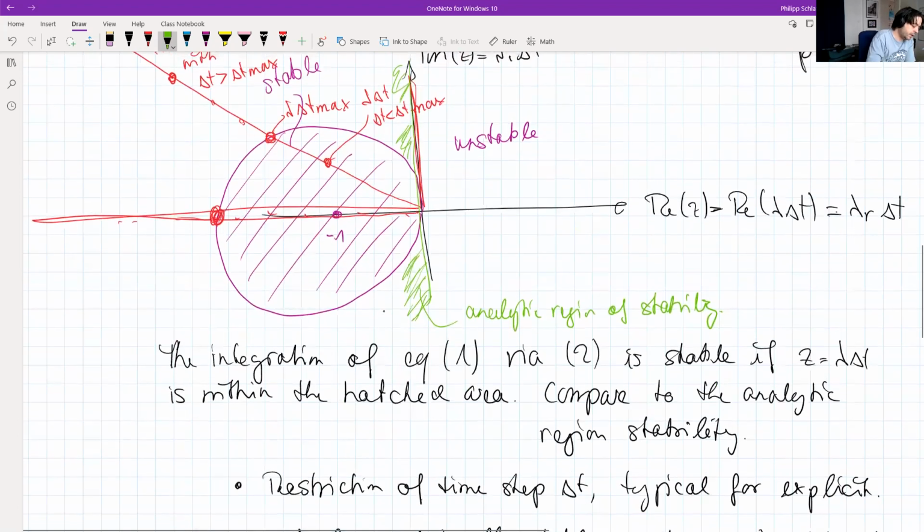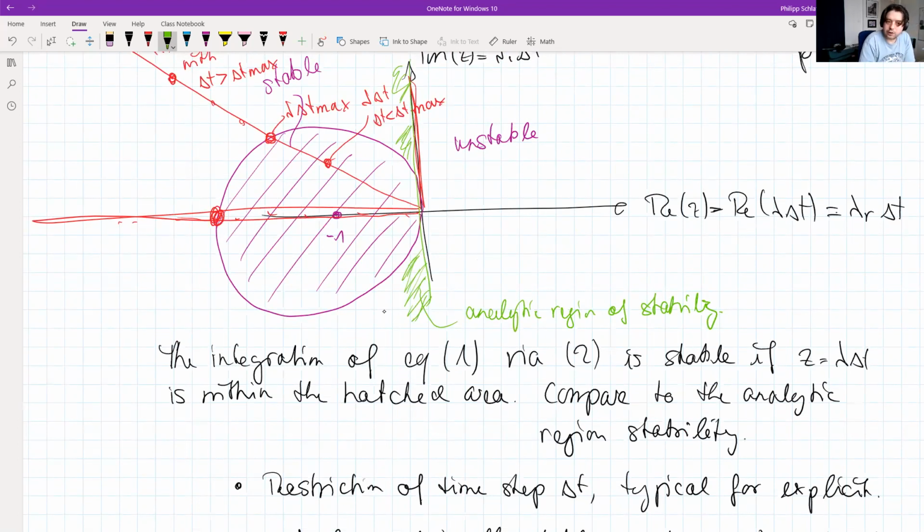But now the explicit Euler scheme only allows you to do a stable integration within this circle. So that means there is points, so here or here, that are in principle stable analytically, but they're unstable when you integrate them via the explicit Euler scheme.